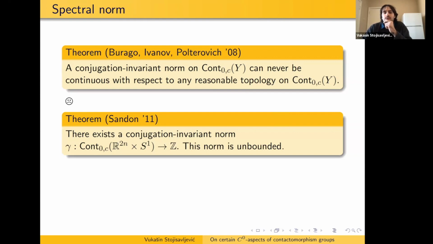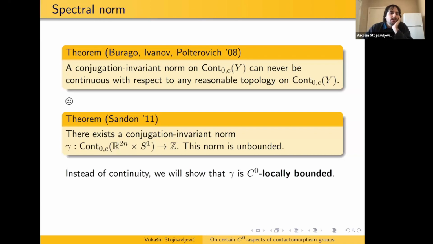Okay. So you need to know these facts, but what we propose is, we don't really want continuity, but we want to show that gamma is locally bounded in the C0 topology. If you have something continuous, then of course you are locally bounded, because in every neighborhood your values are near the value at the point.